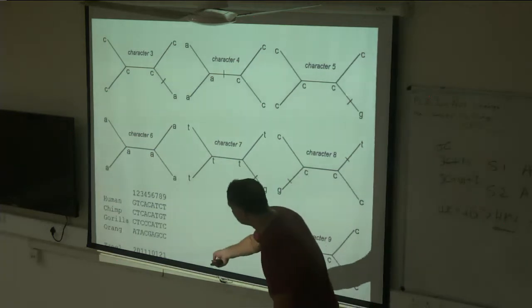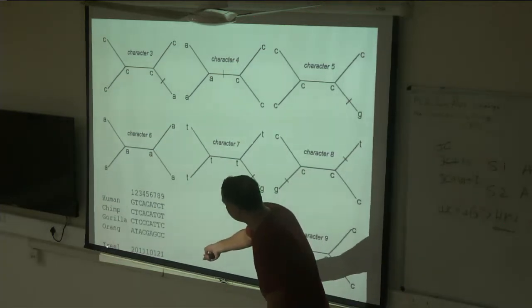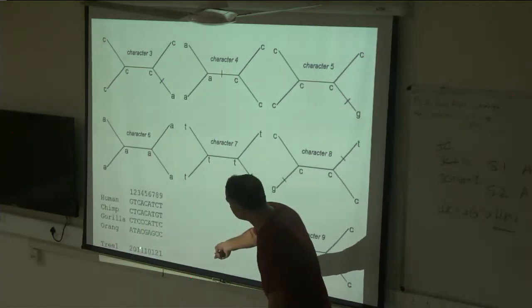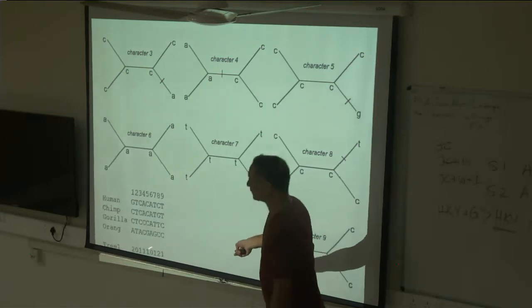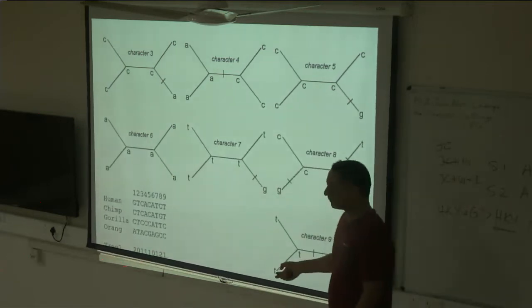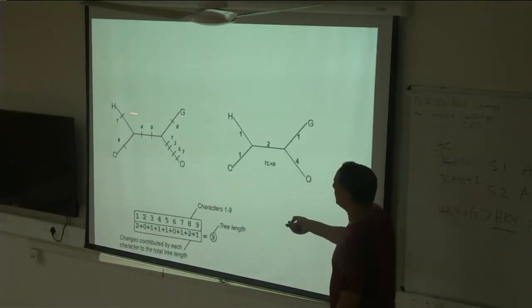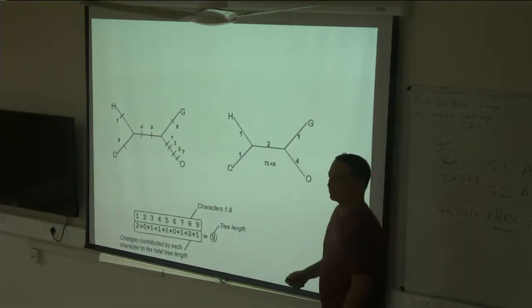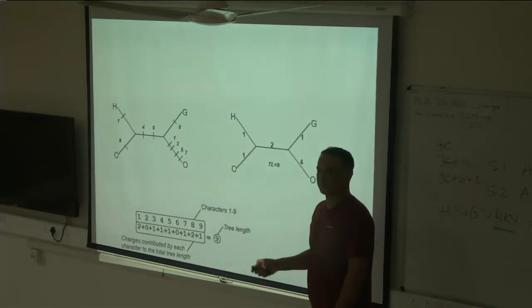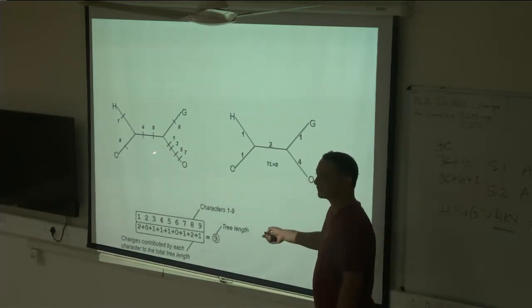Right? So, tree 1, these are all the changes needed for each of those characters. What you can also do is overlay all these changes onto the tree. Did everyone follow what I've done here? Right?